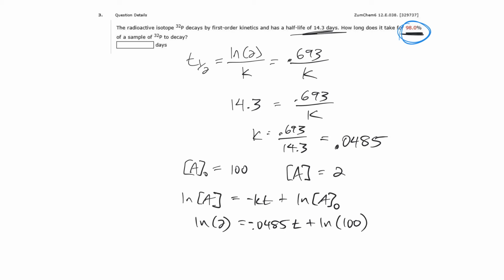And now it just becomes an easy algebra problem. Pull out the calculator, start simplifying some of these expressions. Natural log of 100 is 4.605.